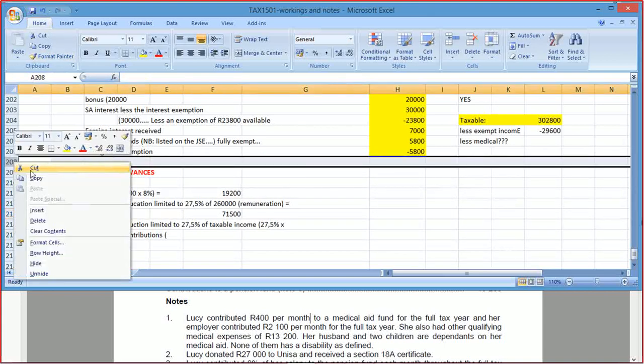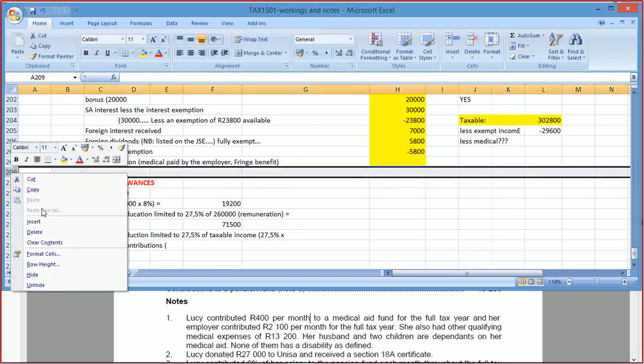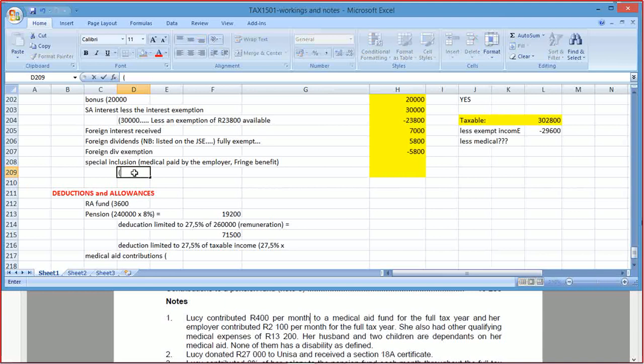It's a benefit. If your employer is paying a portion of your medical aid, that's a form of a receipt, so that needs to go here. Special inclusion: medical paid by the employer. It's a fringe benefit.